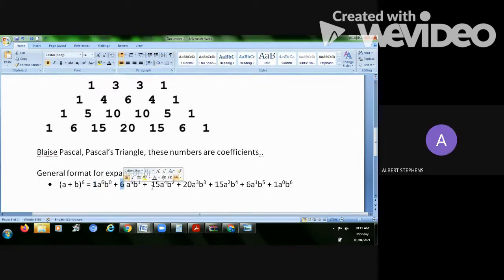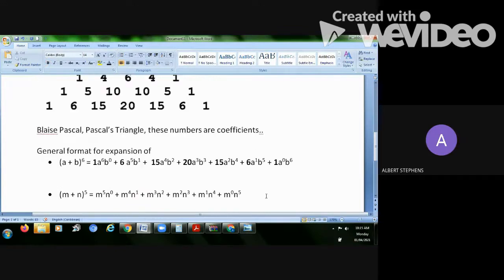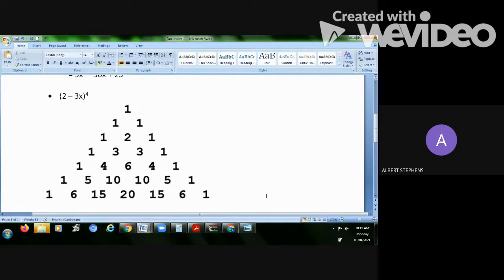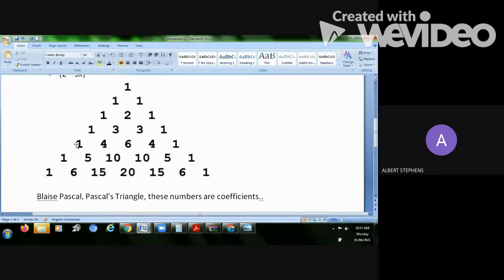So basically, on the triangle, the last one is raised to the 6th power, sir. Right. But here, for CAPE, for integrated maths, they stop it right here.